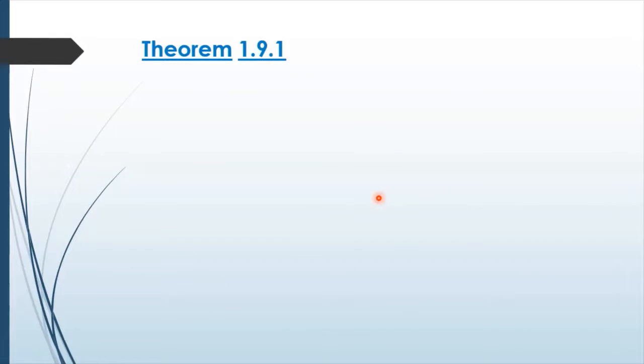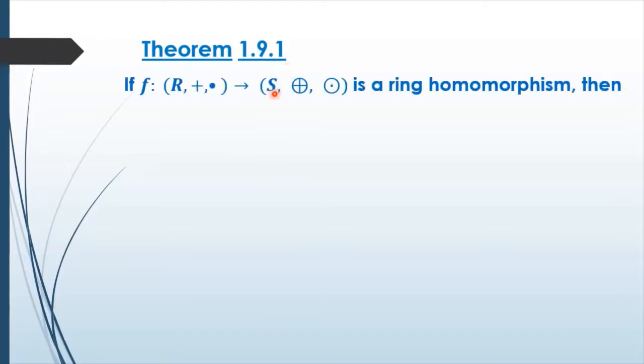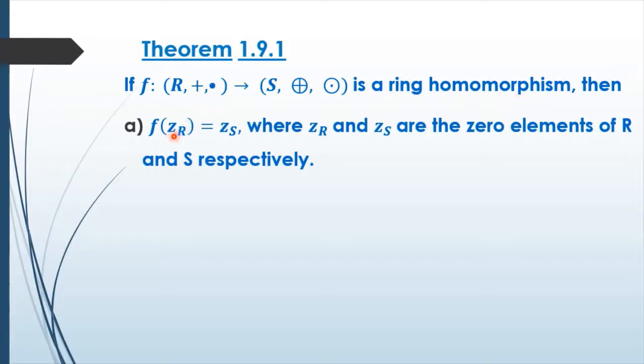Next we shall see a theorem which gives some properties of homomorphism. Let f from (R, +, ·) to (S, +, ·) be a ring homomorphism. Then, one, f preserves the additive identity, that is f of Zr is equal to Zs, where Zr and Zs are the zero elements of R and S respectively.